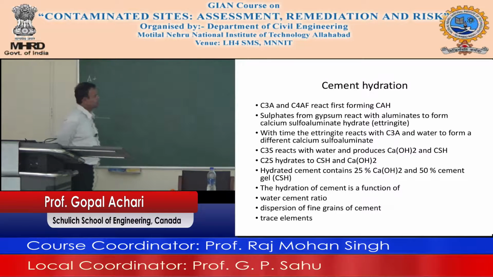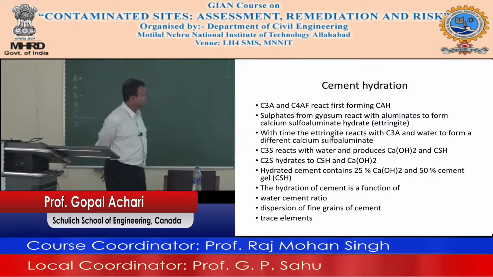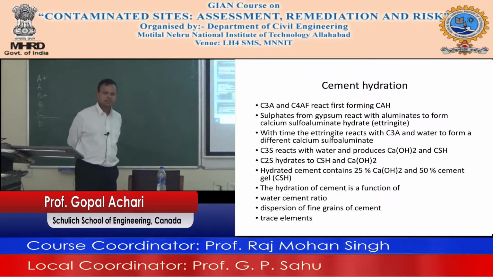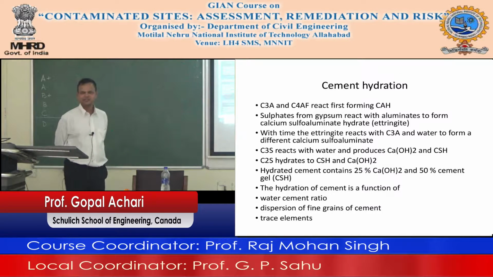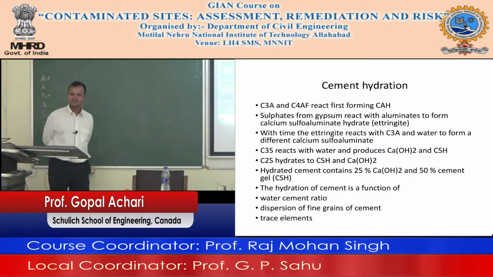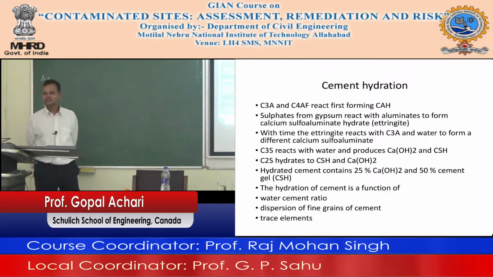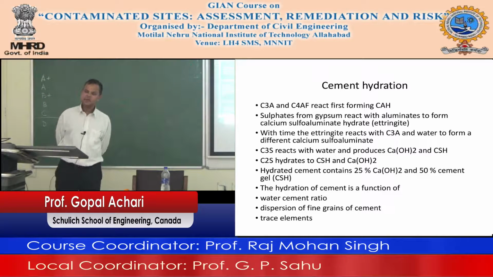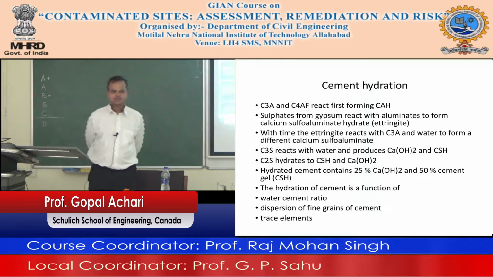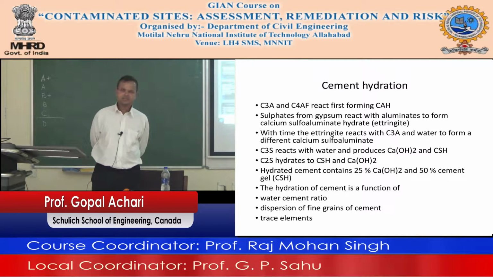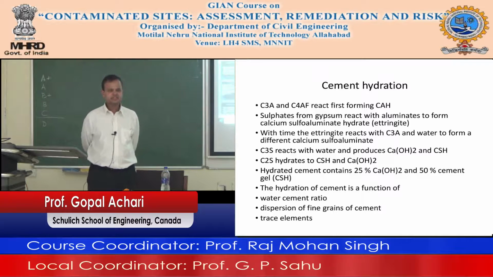Eventually, with all this chemistry, ultimately what happens is you form calcium silicate hydrate, CSH, and calcium hydroxide. The final product of whether it is dicalcium silicate or tricalcium silicate is calcium silicate hydrate, calcium aluminate hydrate and calcium hydroxide.